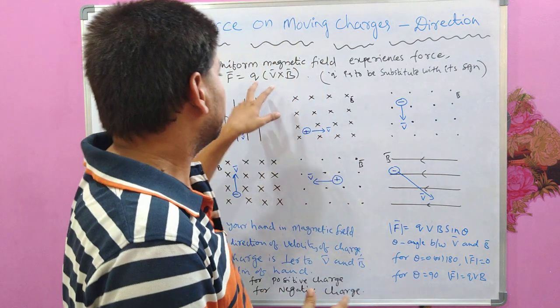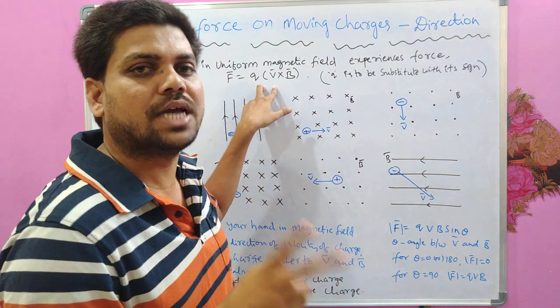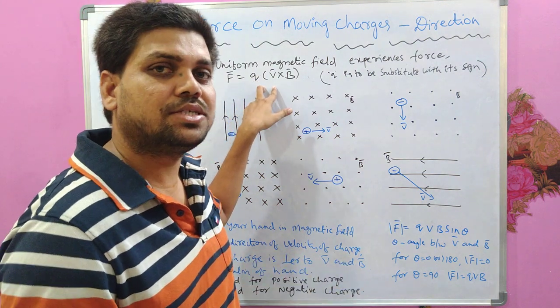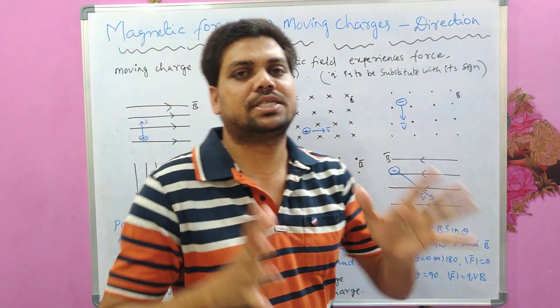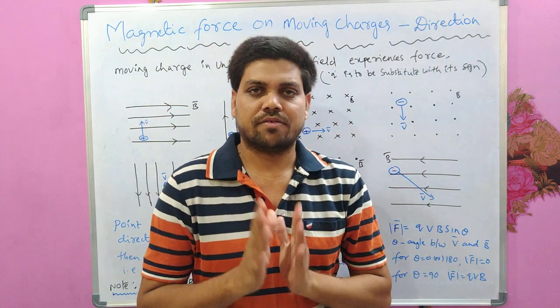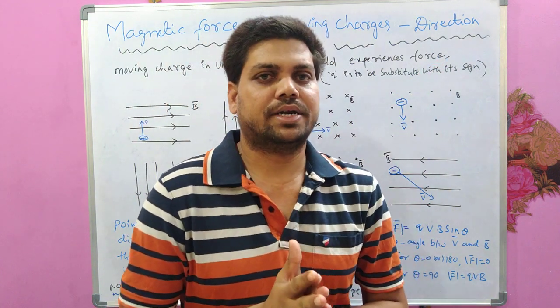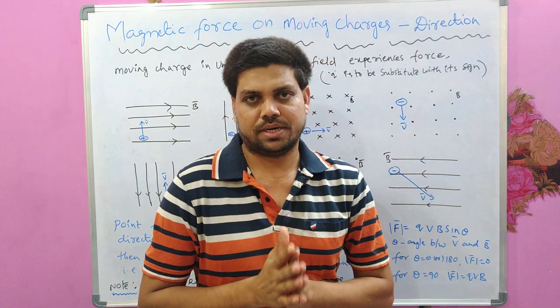And remember, in this formula, Q, the charge of the particle, is to be substituted with its sign. You have to specify whether it is a negatively charged particle or a positively charged particle.